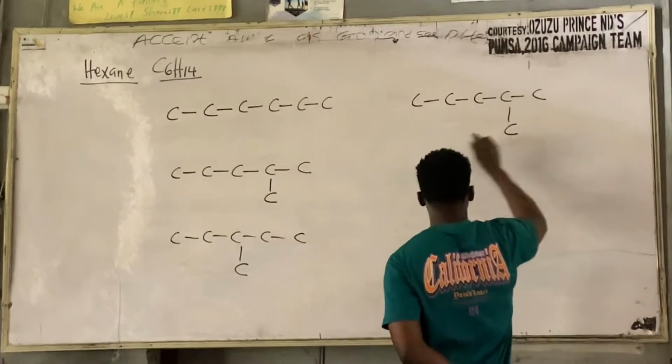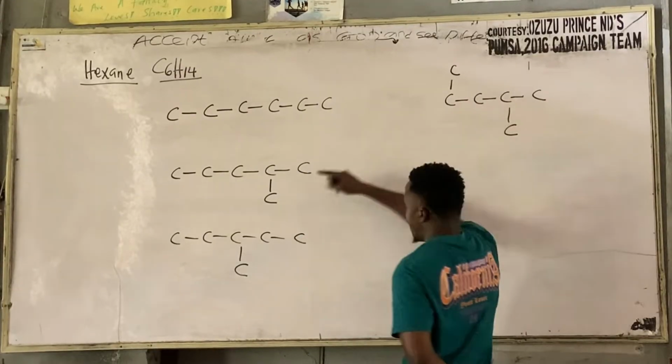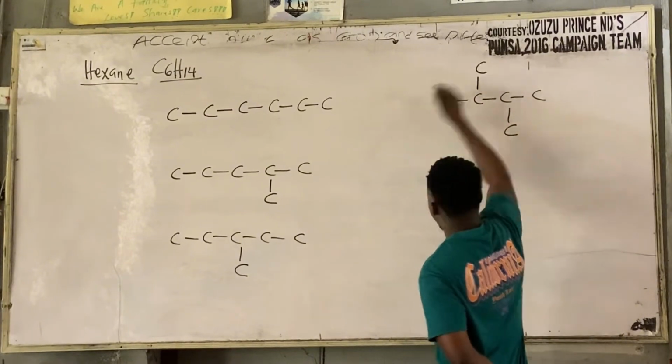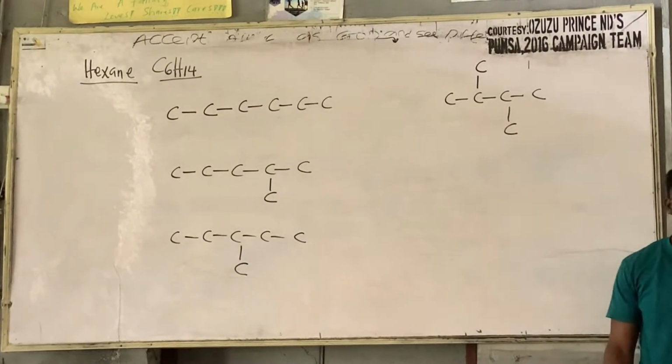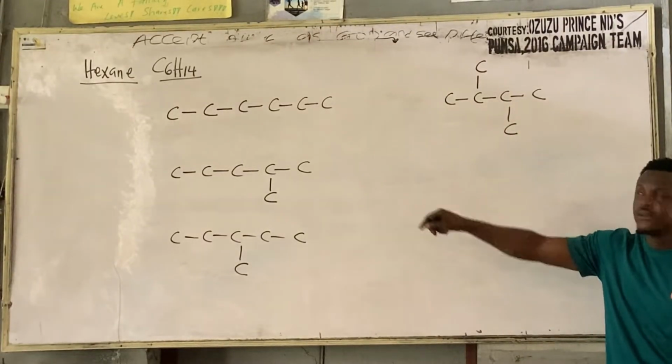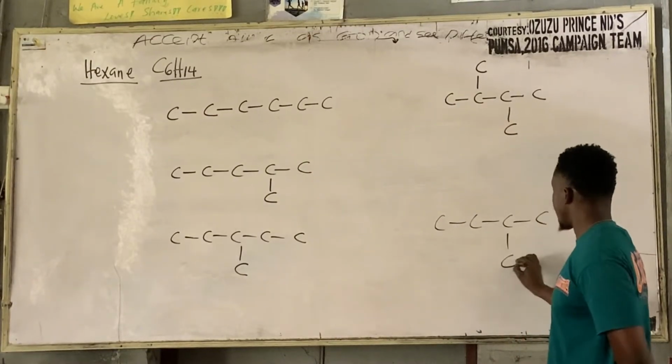Right? I'll come here and say 1, 2, 3, 4 carbons. If I put it here, I'm coming back to the same one. If I put it here, am I coming back to one of these? No. This is very important. Now I say 1, 2, 3, 4.